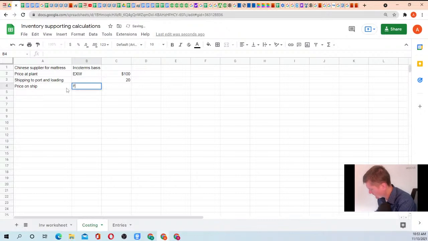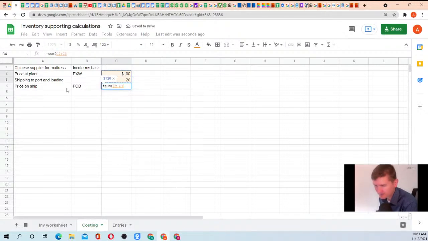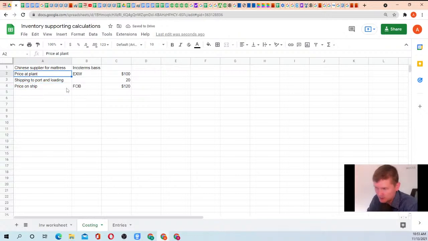This will be FOB, and that will be $120. So depending on our contract, the value at which we initially recognize inventory will depend on at what point we buy it.